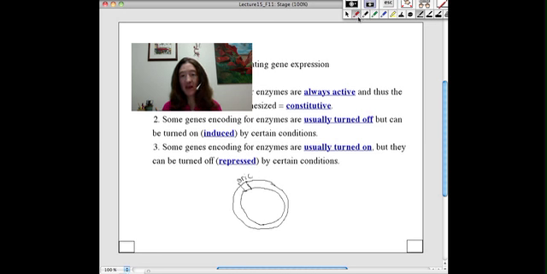And then we had the araC gene, and that araC gene was constitutively expressed. So this gene was always turned on. So too was the beta-lactamase encoding gene. So that gene that we called bla that encodes for the beta-lactamase enzyme was always expressed, or was constitutive.